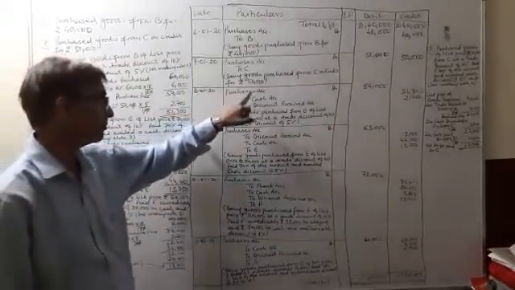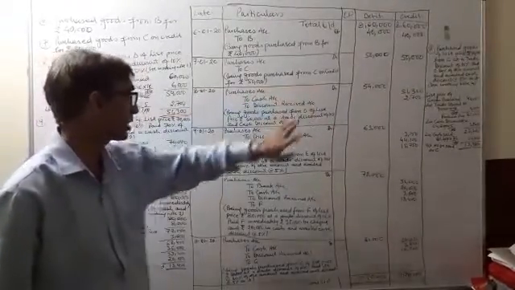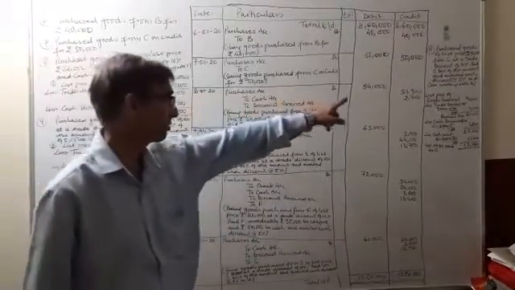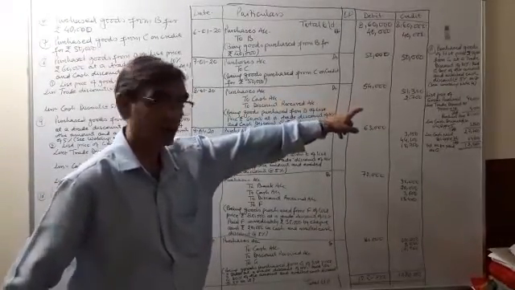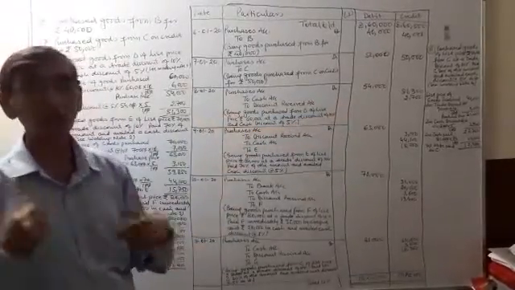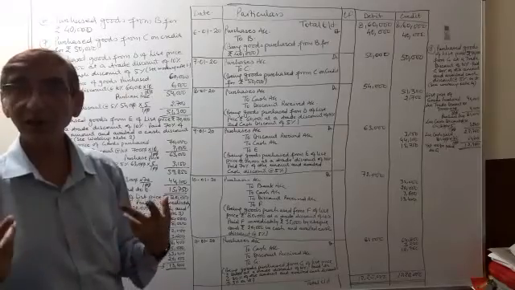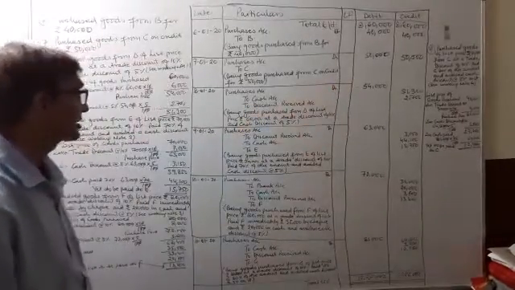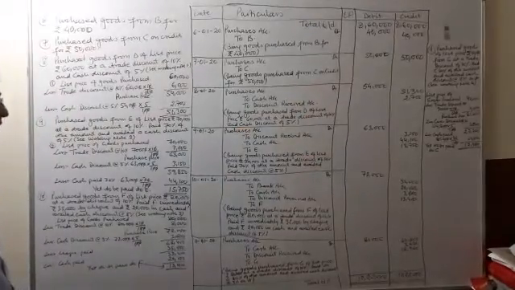Goods are coming in worth rupees 54,000. We have paid cash 51,300. We will credit rupees 51,300 because cash is going out of the firm. And we have received a discount which is a gain and all the gains are credited. So 2,700 as discount received will be credited.